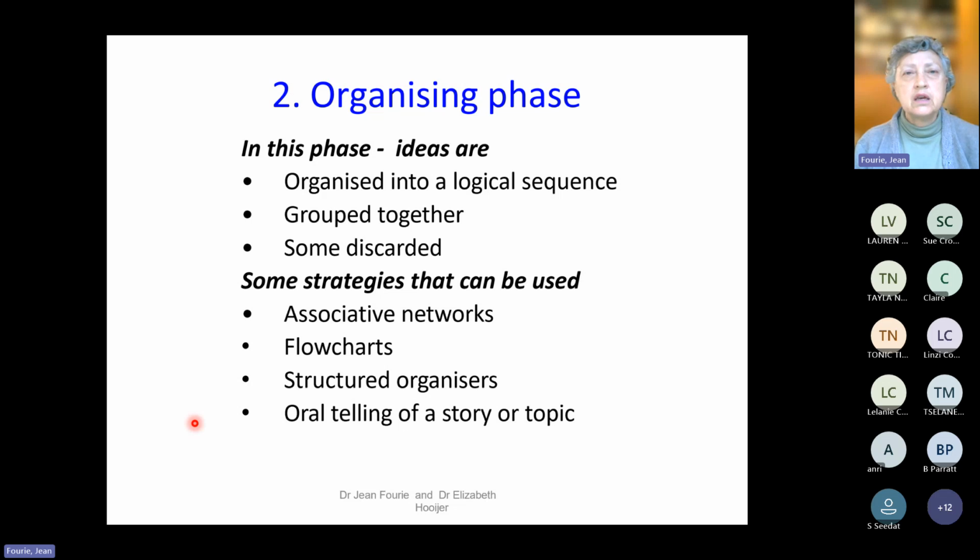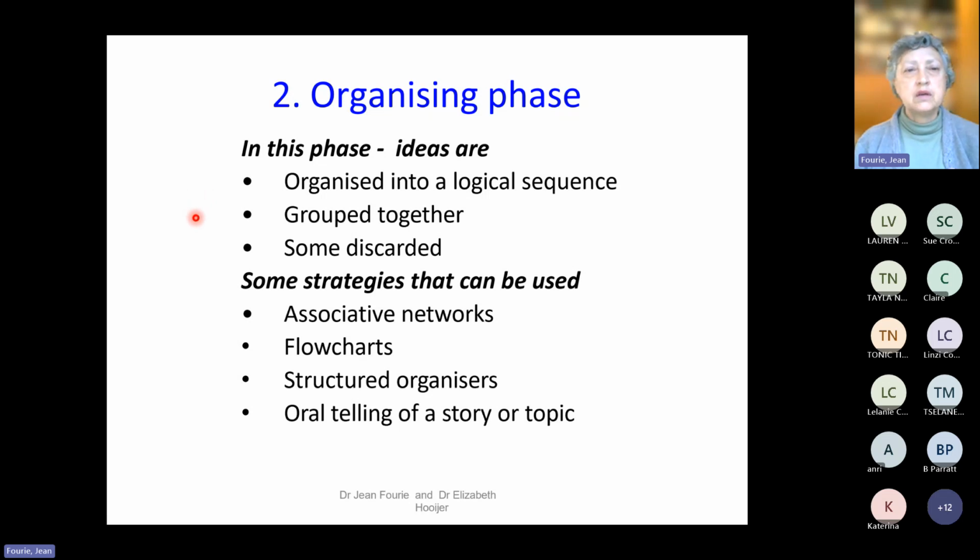listening and speaking, and reading and writing, all four modalities of language are combined. They work hand in hand. So while you're writing, you're speaking to yourself or you're speaking aloud. And so we want to do a lot of the modality combinations. In the organizing phase, you are trying to find some kind of grouping. You're grouping things together.